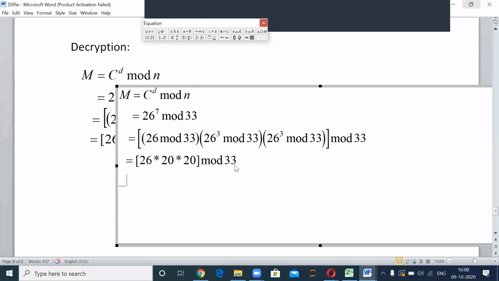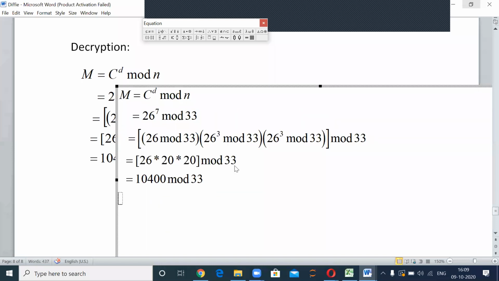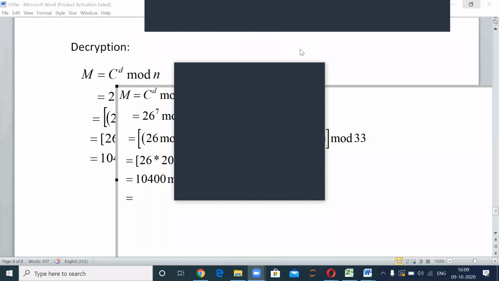What is that? 10,400 mod 33. You perform it. What is the remainder value? Raise your hands.